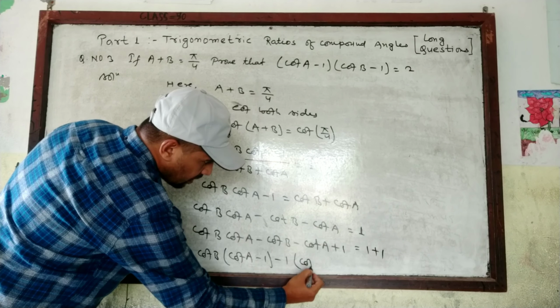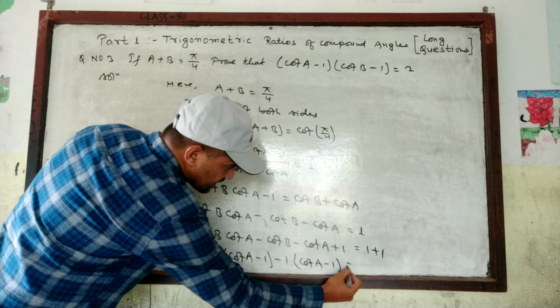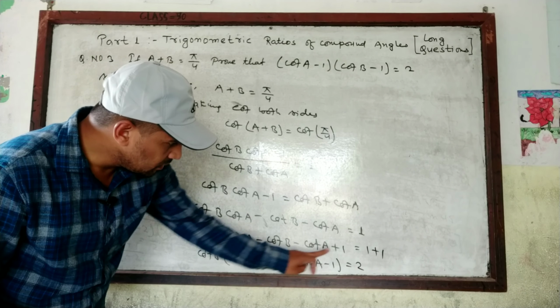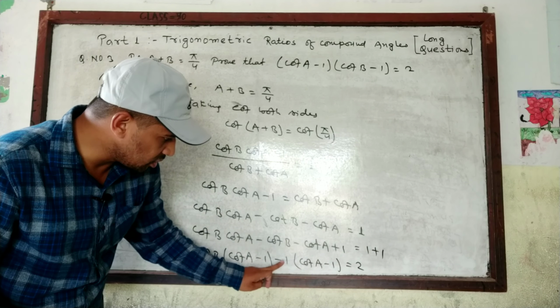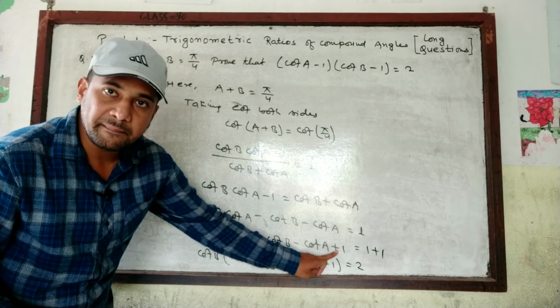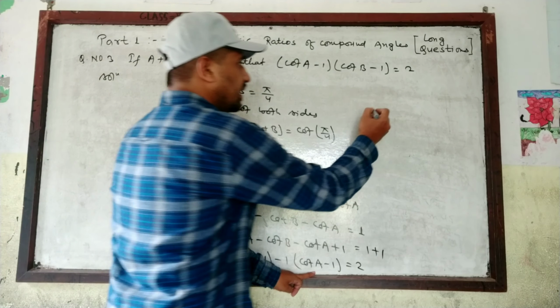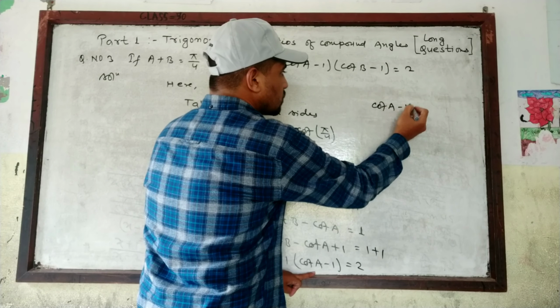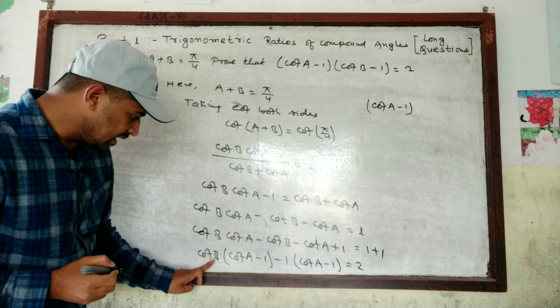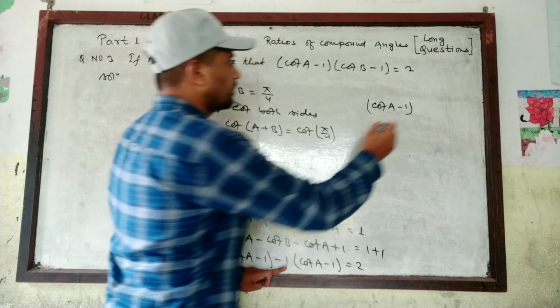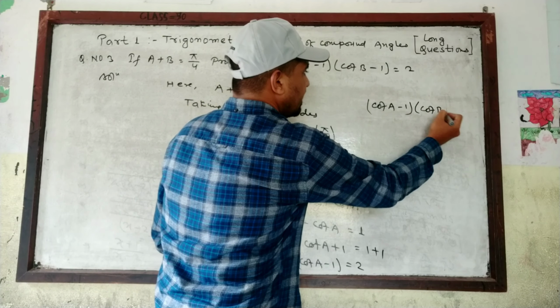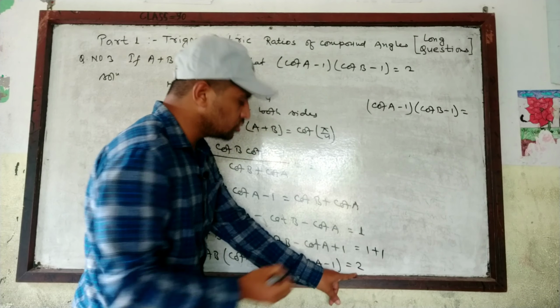Now cot a minus 1 is common again, so what is remaining is cot b minus 1. (cot a minus 1)(cot b minus 1) is equal to 2.